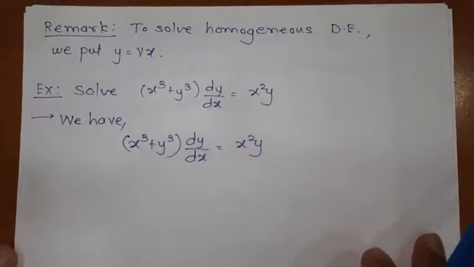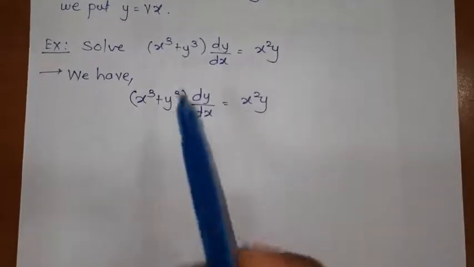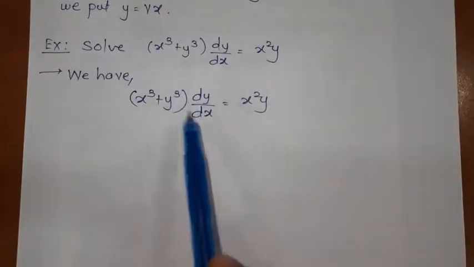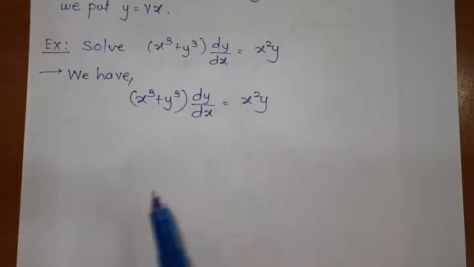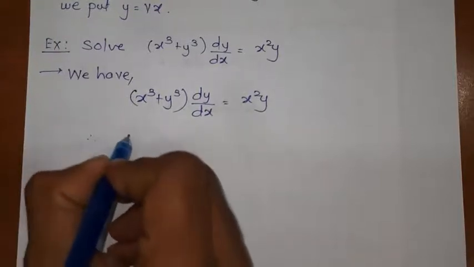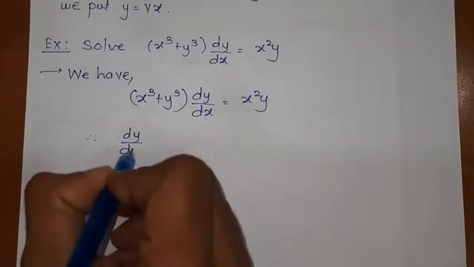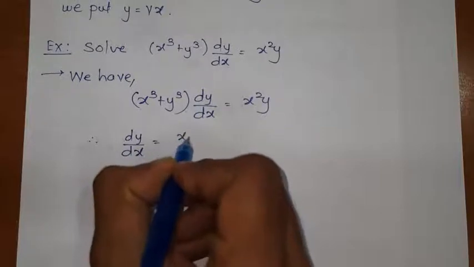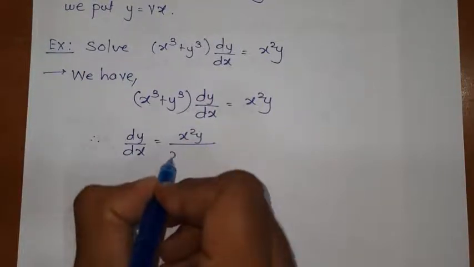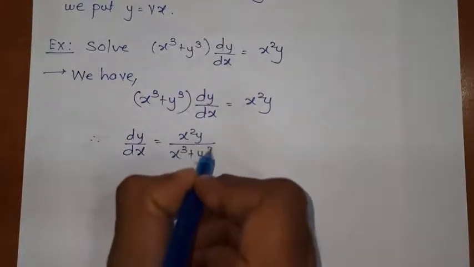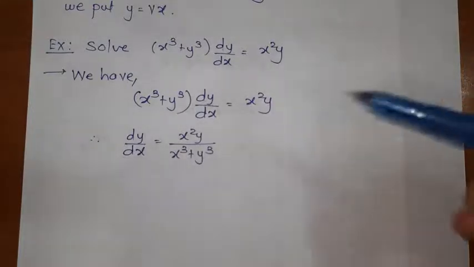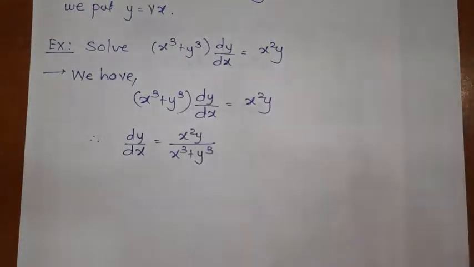So let us do that. Therefore dy by dx is equal to x square y upon x cube plus y cube. Let us check whether this is a homogeneous differential equation or not.